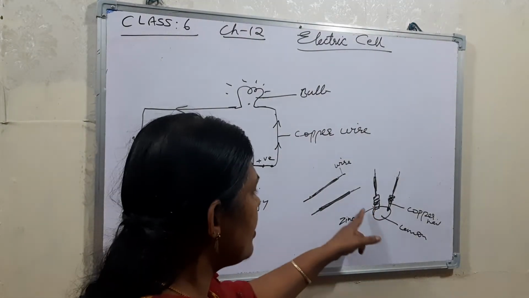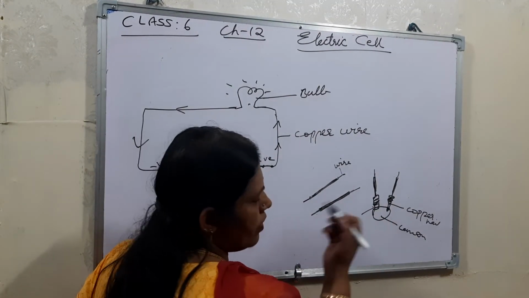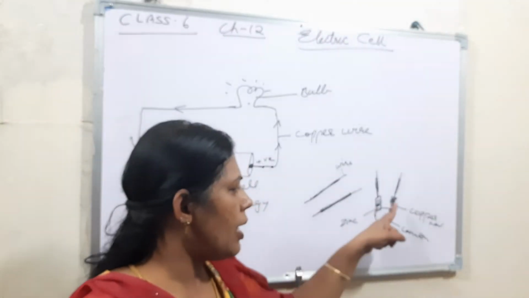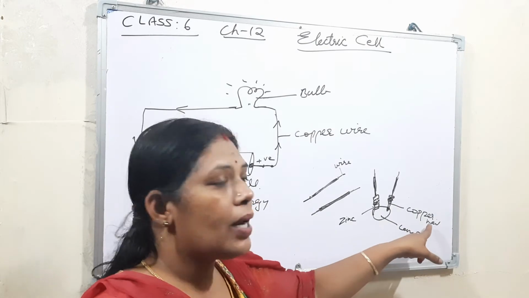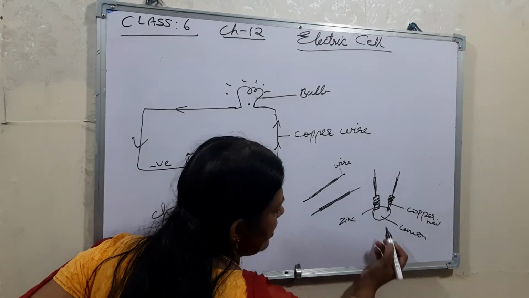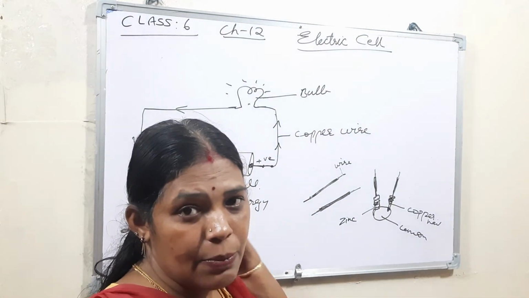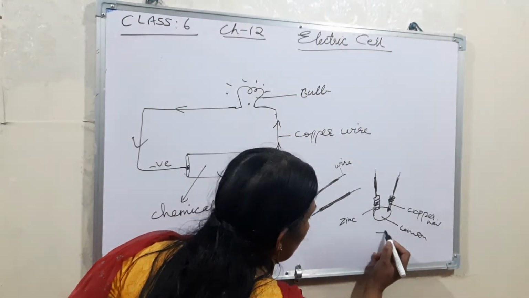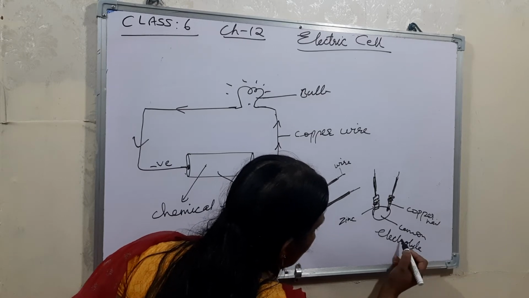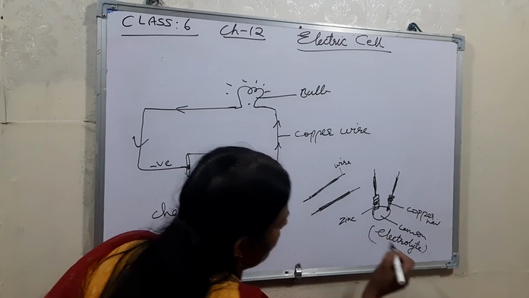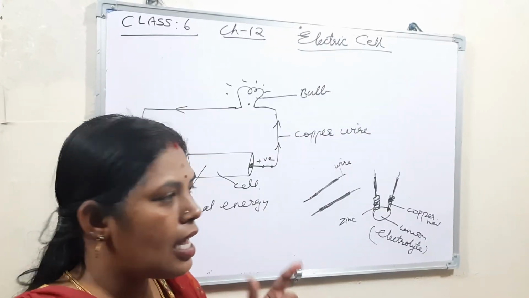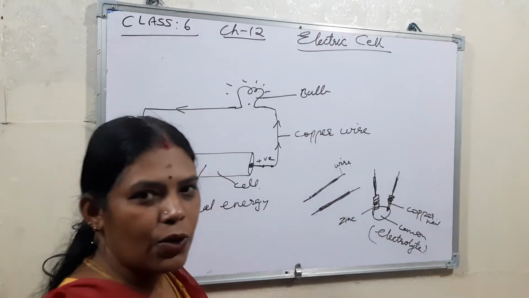So the zinc strip acts as the negative terminal, and the copper nail acts as the positive terminal. The citric acid present in the lemon acts as the electrolyte. Then a reaction occurs, and after that the current flows.